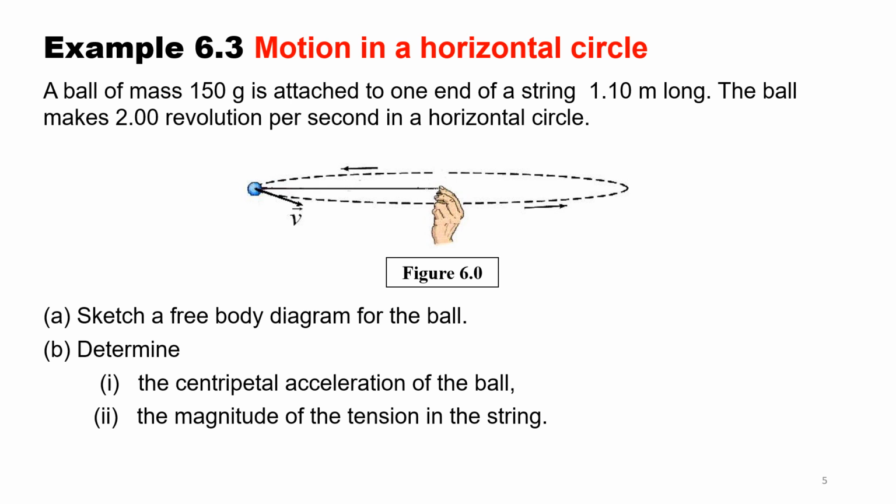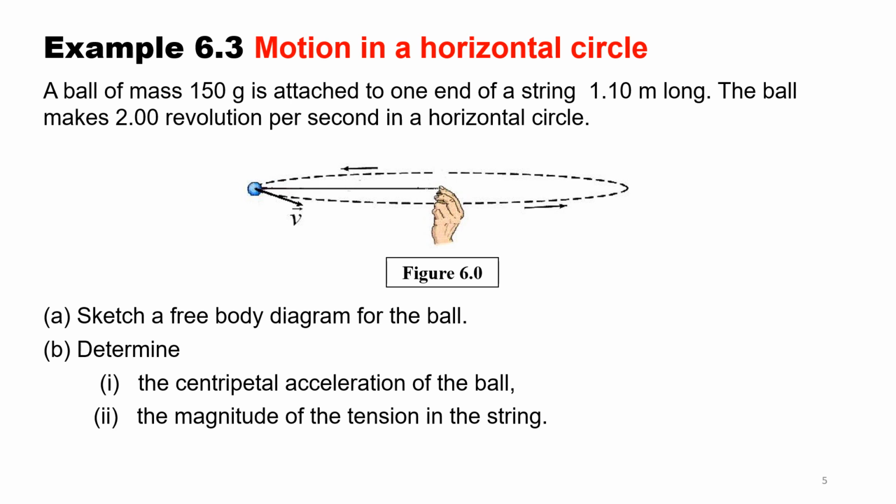Okay, next example 6.3. The objective is to solve problem related to centripetal force for horizontal circular motion. A ball of mass 150 grams is attached to one end of a string 1.1 meter long. The ball makes 2 revolutions per second in a horizontal circle.